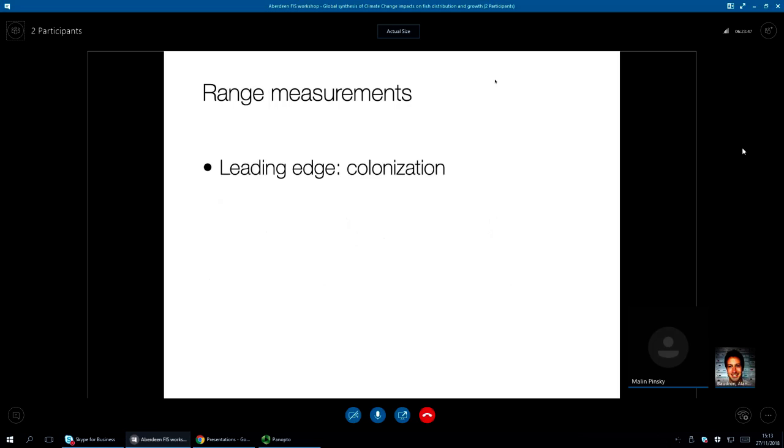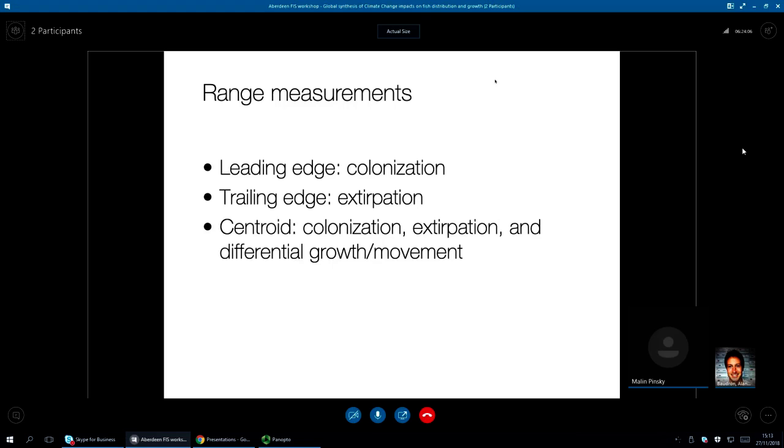And then each of these metrics, though, tells us something different. Tells us about different ecological processes. So the leading edge is telling us about colonization, the trailing edge telling us about extirpation, and different species characteristics, different ecological and demographic processes would be driving changes at these two different range edges.